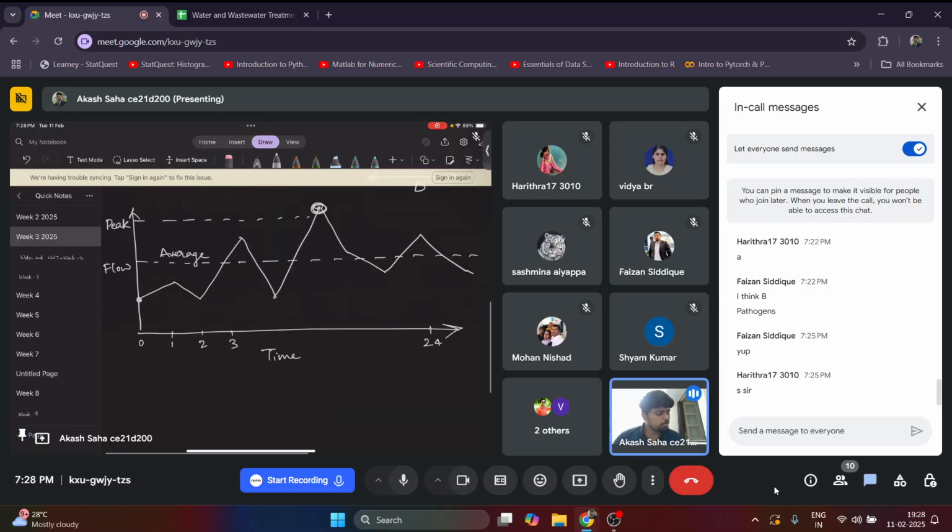So we want to find out the ratio of peak by average. So now the question is asking whether this factor will be more for a small community or for a large community. So this is the question. Now, are you able to answer?